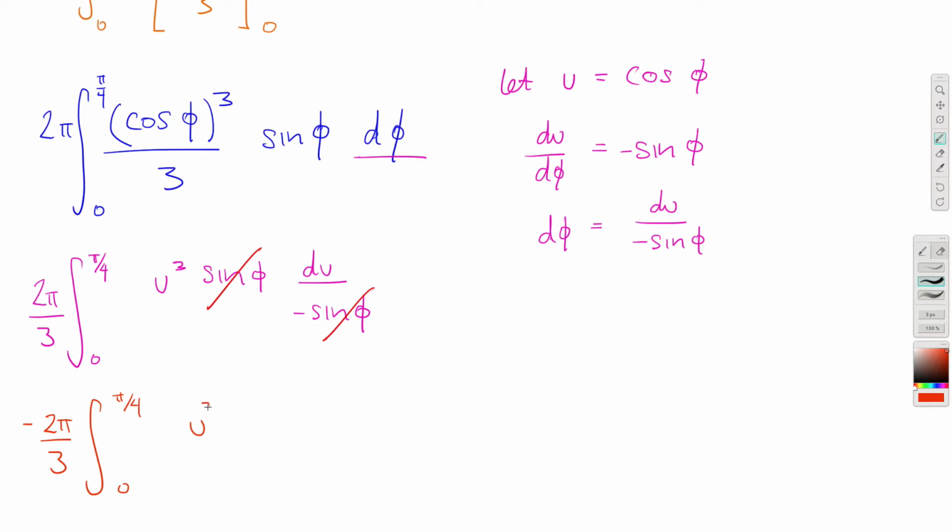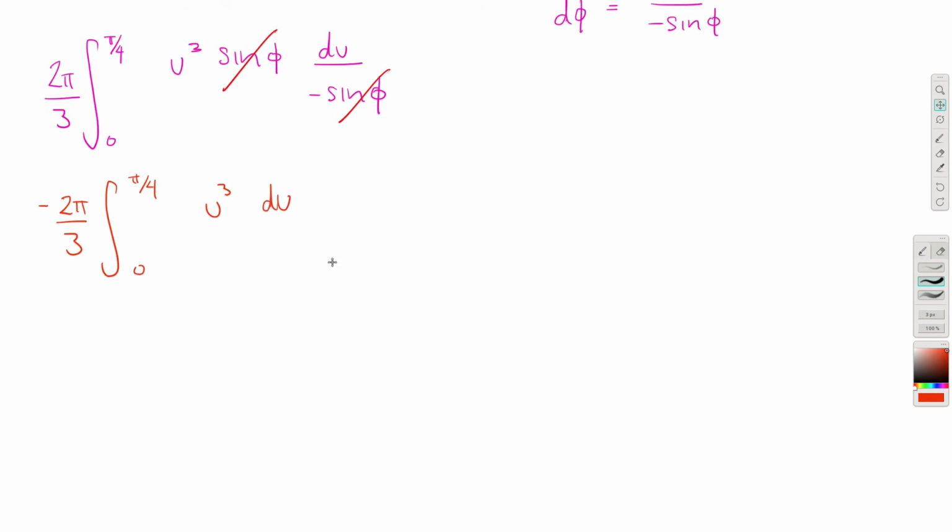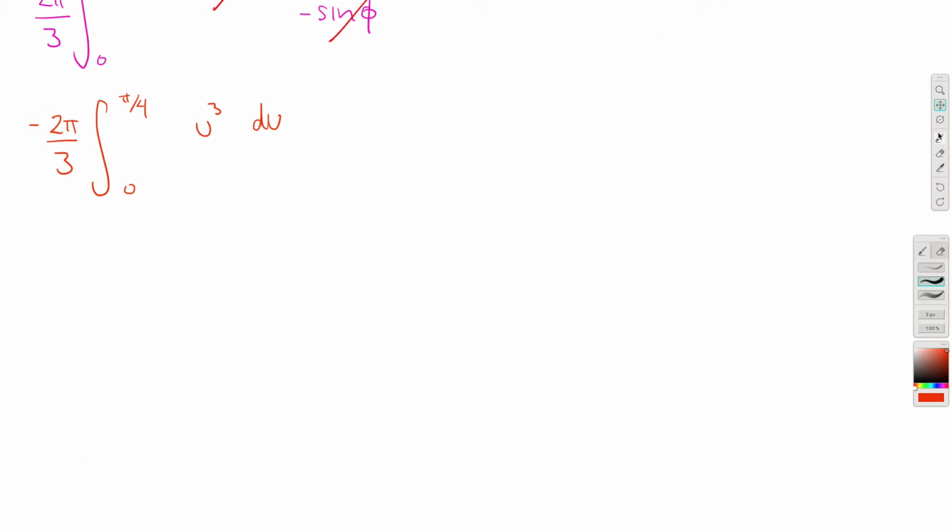So now we have to integrate that, which is easy as pie. Negative 2 pi on 3, u to the 4 on 4, from pi on 4 to 0.